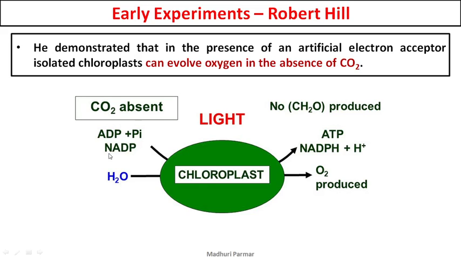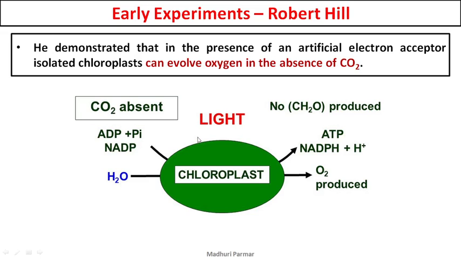But when he gave reducing equivalents, artificial electron acceptors, ADP and NADP, and water, he saw that the chloroplast took this in and still produced oxygen, ATP and NADPH in the absence of carbon dioxide.